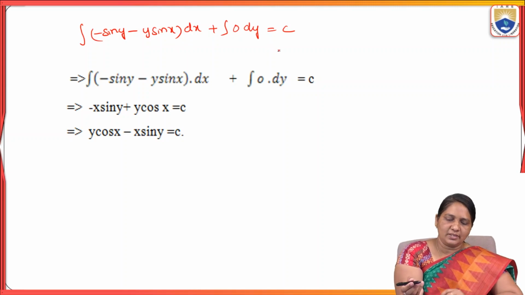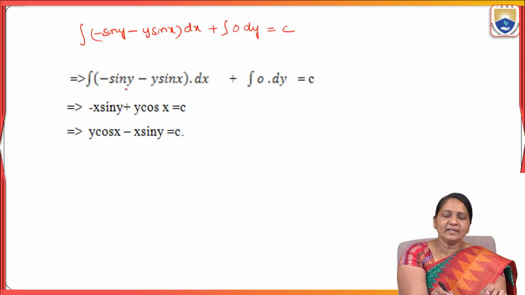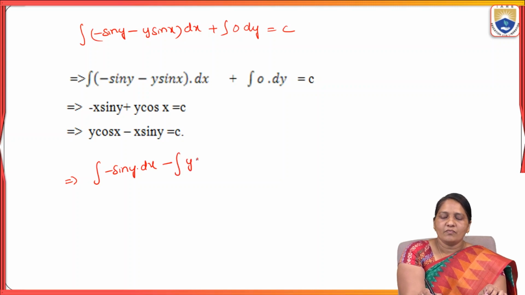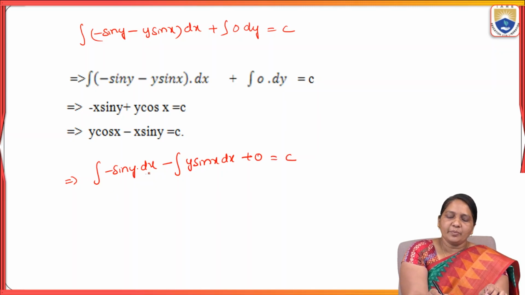So now here, what is the integration? Minus integral sin y into dx minus integral y sin x into dx plus 0 equal to c. So when I am doing with respect to x, y is the constant.